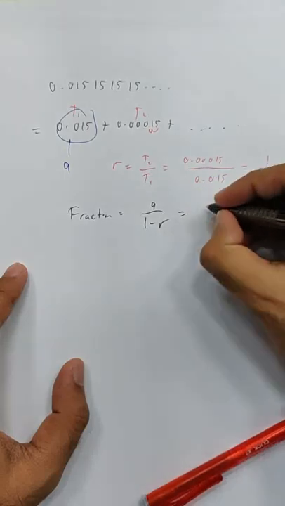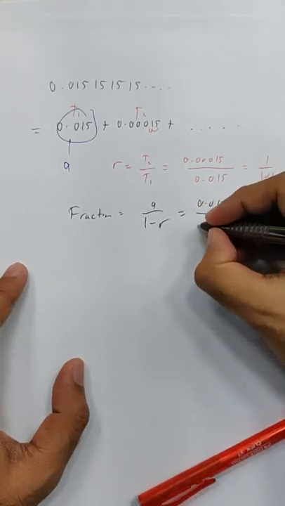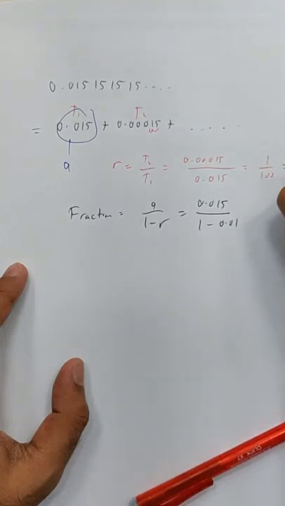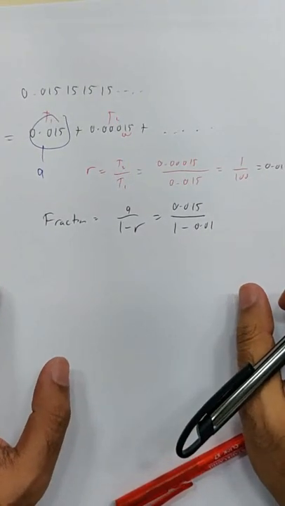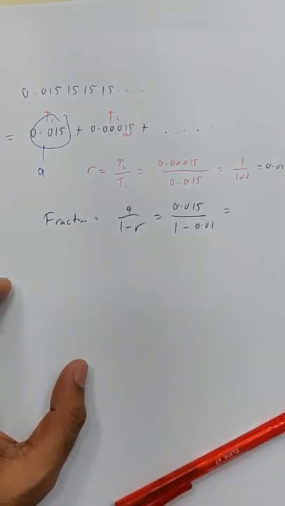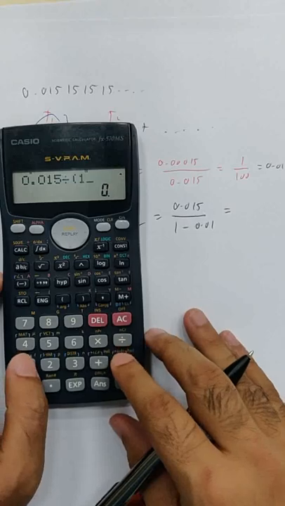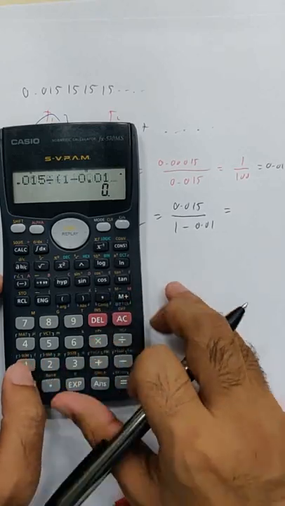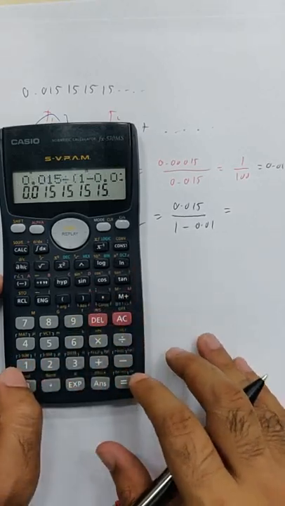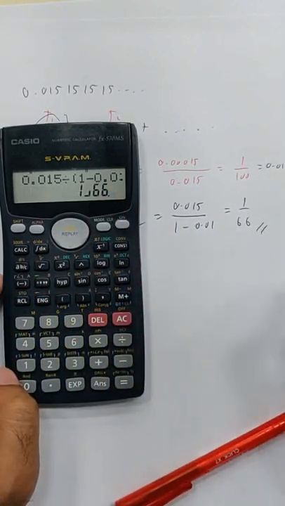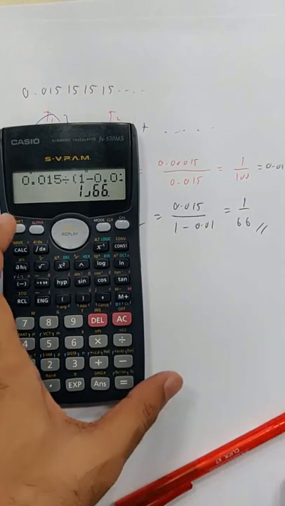A over 1 minus R. A is 0.015 over 1 minus 0.01. We got ourselves the same thing. Voila. You guys okay? Understand?